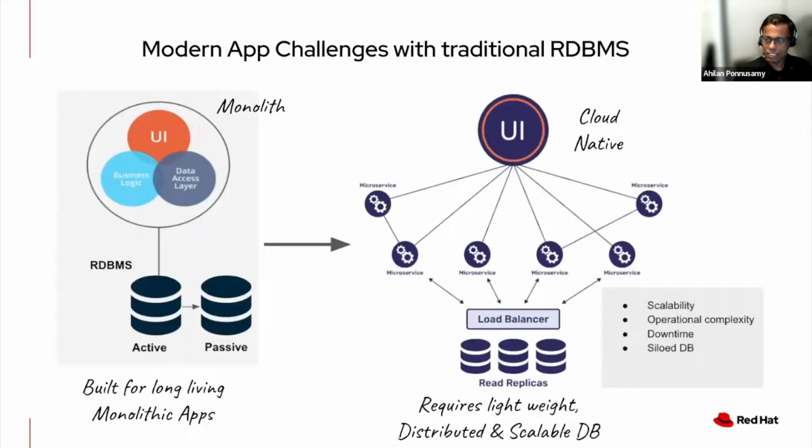So let's spend some time talking about how this evolution is really happening outside in. When I say outside in, it is pushed by the customers to the vendors. If you look at the way traditional applications were developed and deployed, they were monolithic in nature. You would have one CRM application, one ERP application that serves a business function, and all the data related to that application would be put in a huge database behind the scenes.